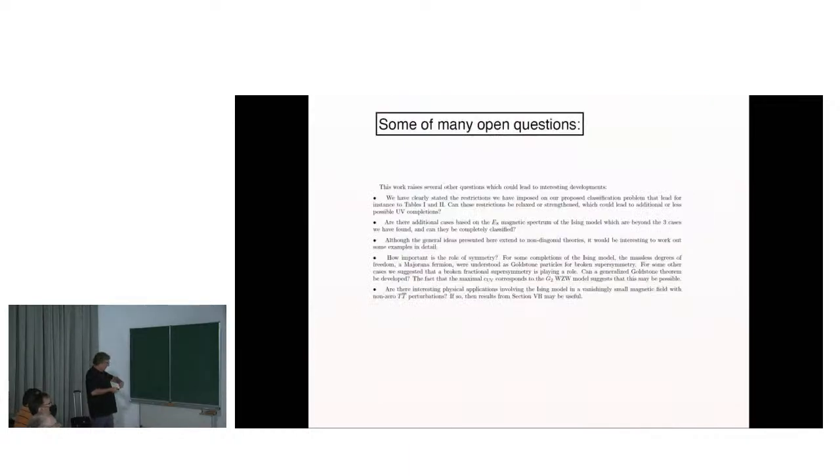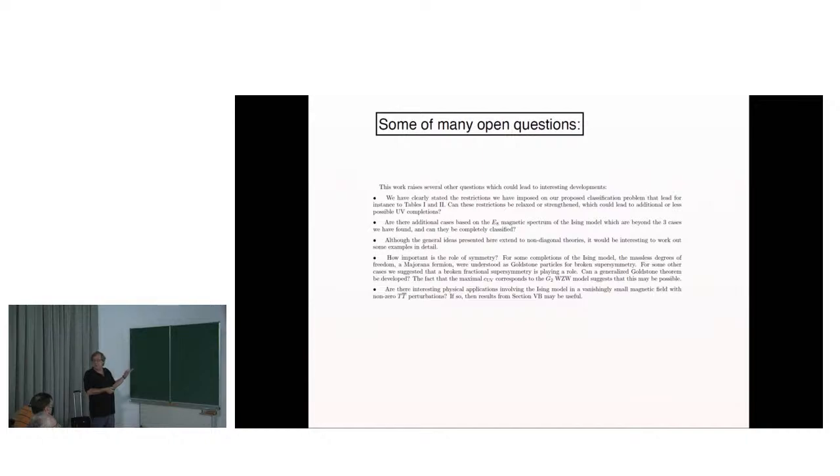So I think I have a little time. And so there's, well, I think I've already mentioned some of these open questions. One thing, for example, what is this E8 thing? Well, suppose you had an Ising model in a magnetic field, but it was vanishingly small, and you turn on these TT bar perturbations.